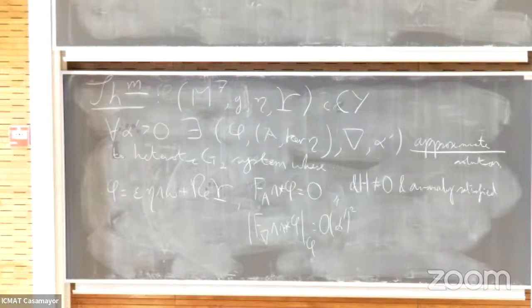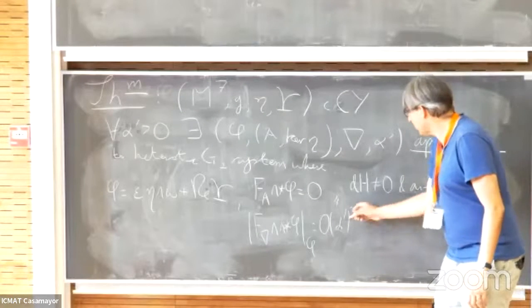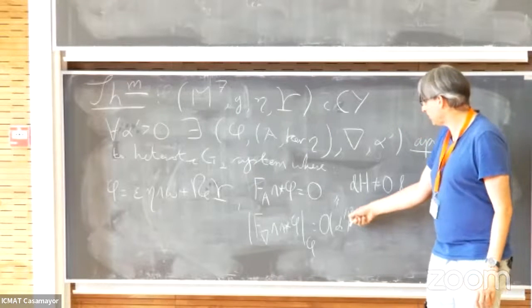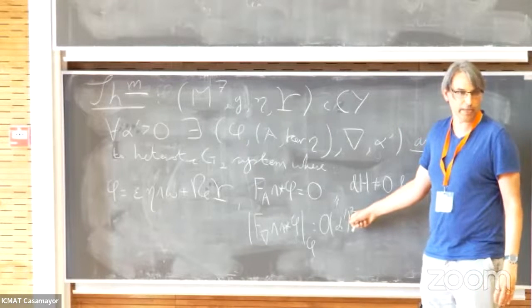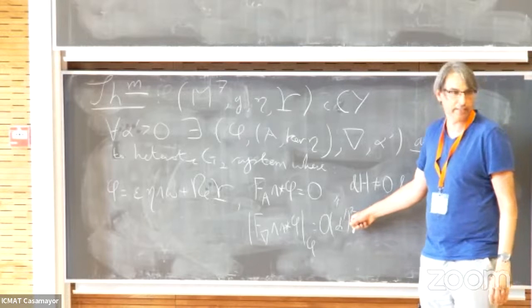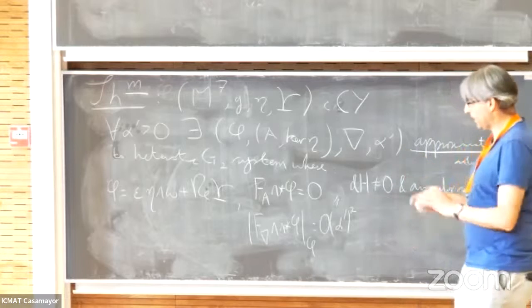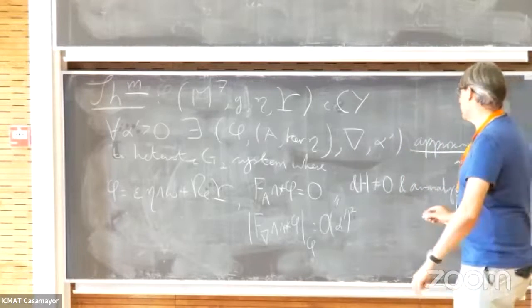There's nothing special about squared. I can put any positive power I like, alpha prime to the k for any k positive. So I can make it arbitrarily close to a solution to any order in alpha prime.